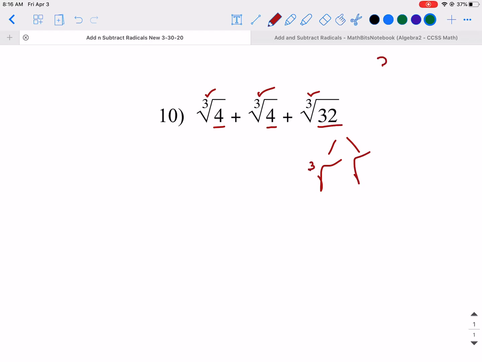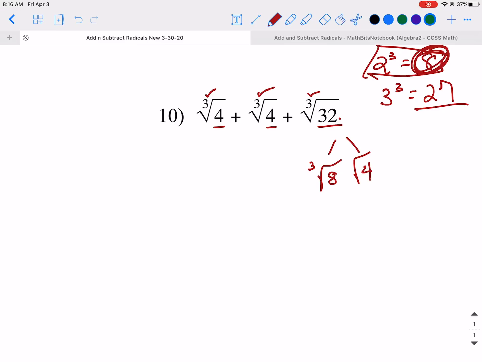So remember my cubed roots: 2 cubed is 8, 3 cubed is 27. Well, I don't need to go any further because 27 is too big, so let me see if 8 will go into 32. And if I know my math facts, 8 times 4 is 32. So now, what is the cubed root of 8? Well, that's 2.